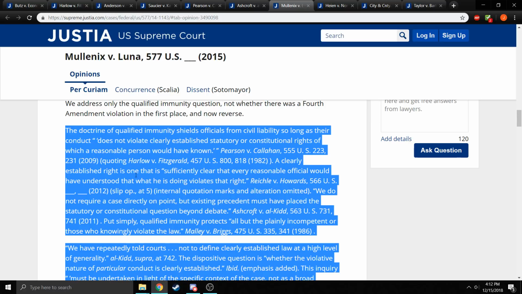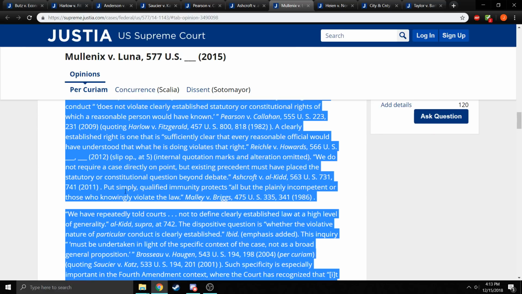A clearly established right is one that is sufficiently clear that every reasonable official, see it's stuck in there, every now, would have understood that what he is doing violates that right. We do not require a case directly on point, but existing precedent must have placed the statutory or constitutional issue beyond debate. So they're talking about precedent there.